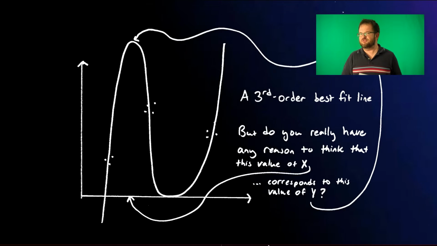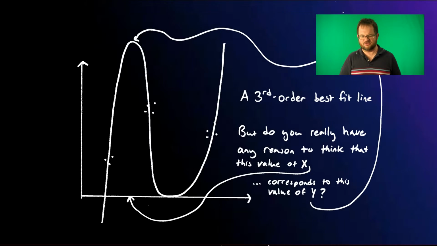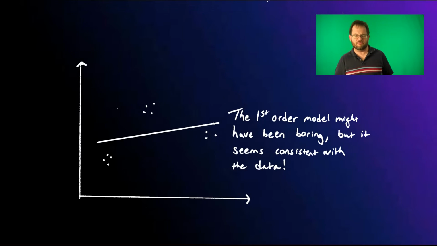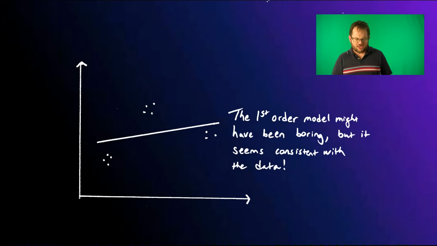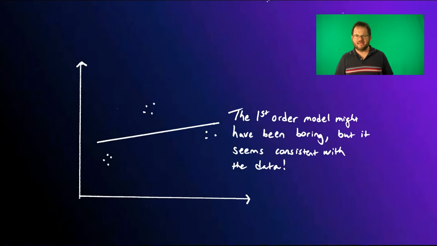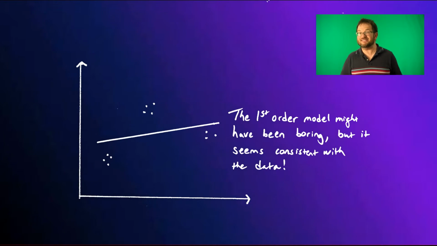In this particular case, I don't think best fit lines are the best choice of a way to make a statistical model. But we'll see other tools that can do this better, perhaps later in the semester. So even though that first order model might have been kind of boring, and didn't really fit the points that great, it seems to be the most consistent with what the data is actually telling us.